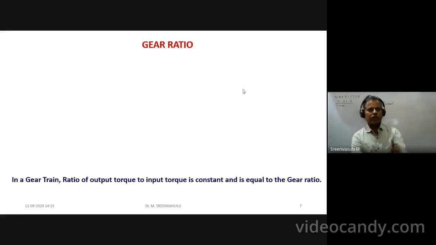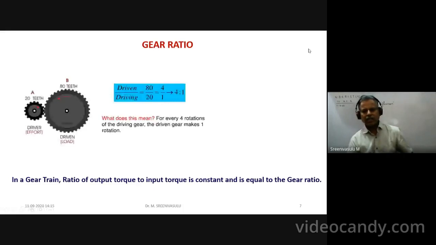This is the importance of gear ratio with respect to gear trains, as well as torque being transmitted, or the number of teeth, or angular velocities, whatever you try to take into account. All these things are trying to give you the same ground.